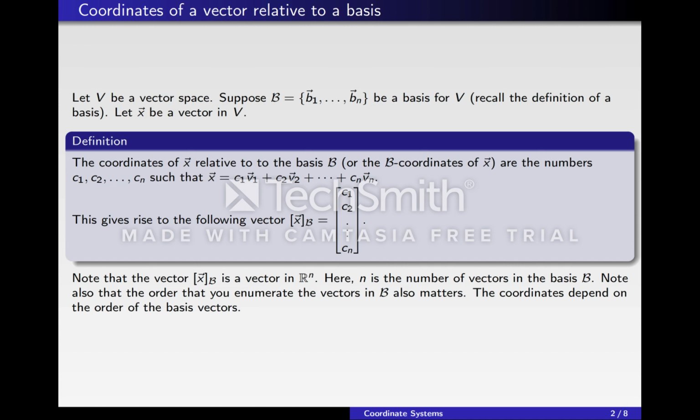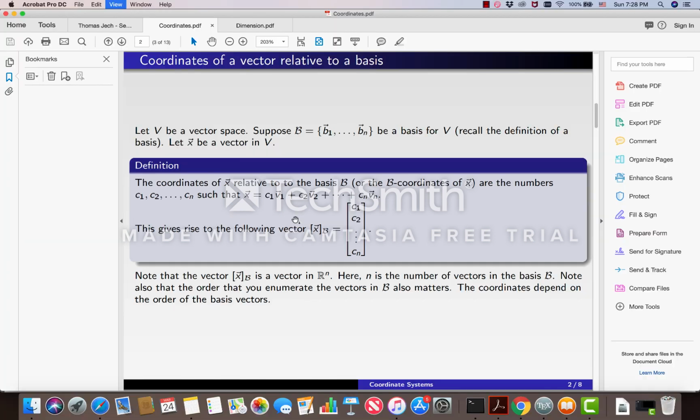Then x sub C, the coordinates of x relative to the basis C, is going to be c2, c1, c3, c4, dot, dot, up to cn. That sort of explains what I was writing here, that the order of the vectors in your basis matters. So if you're going to specify a basis, you fix that order, then you stick with that throughout your calculation.